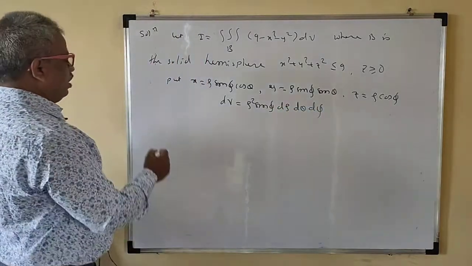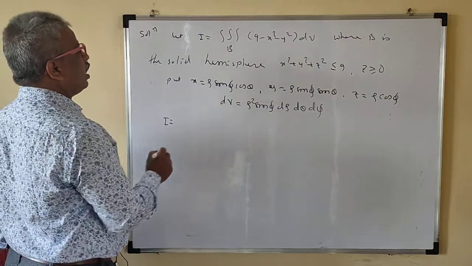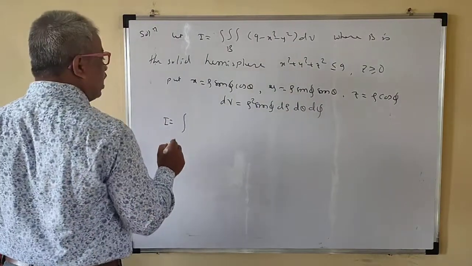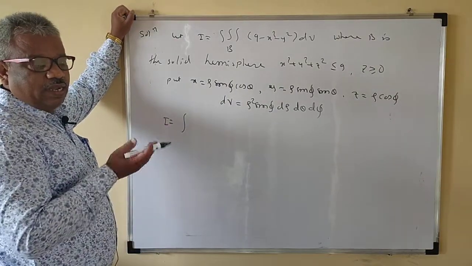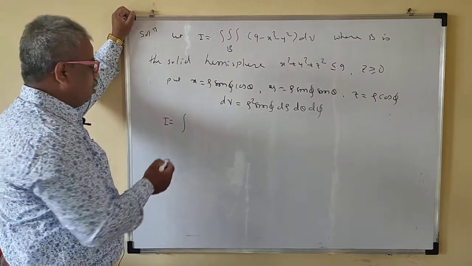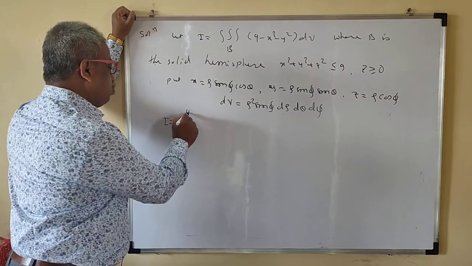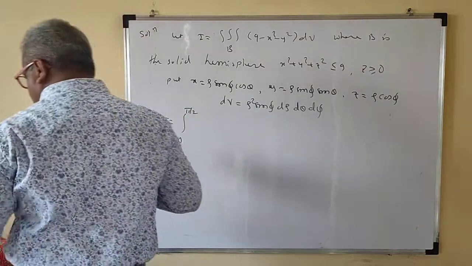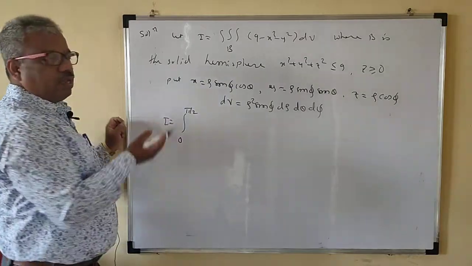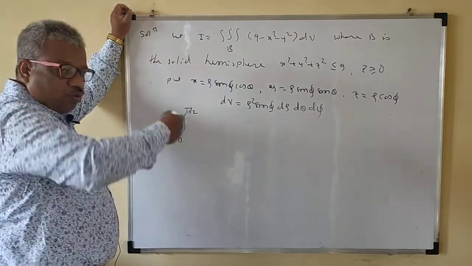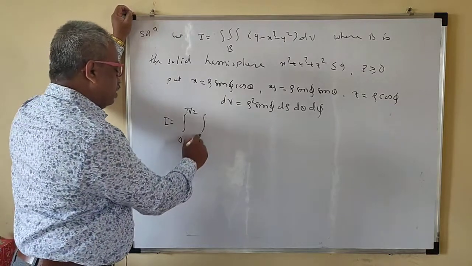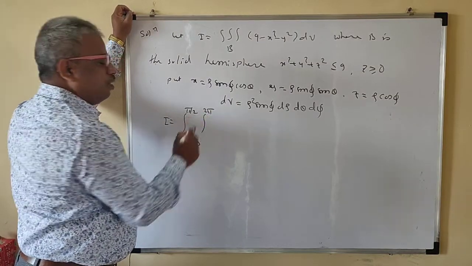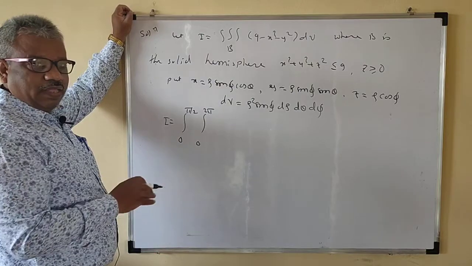Okay. Now we write the limits. I is equal to the integration. We'll write the limits of phi. You are in the upper part of this, so your limit of phi is 0 to pi by 2. Now you are using the whole xy plane, so your theta is 0 to 2 pi. You are applying the whole xy plane, right?